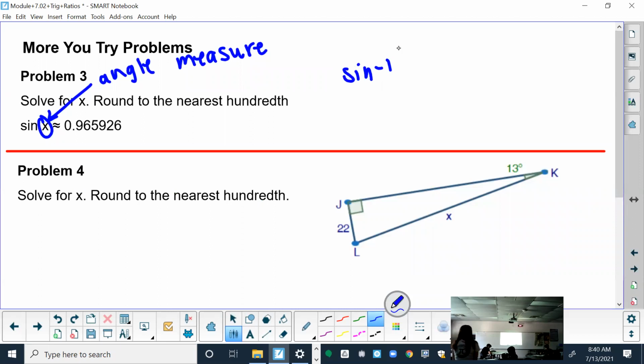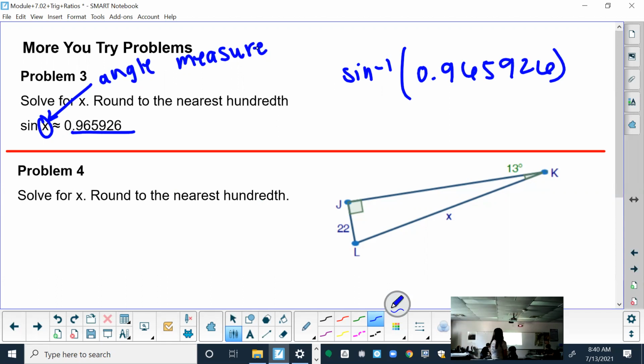It should be sine to the -1, and then whatever they give you here, type that into your calculator. Again, anytime you need to find an angle measure, use the inverse function.